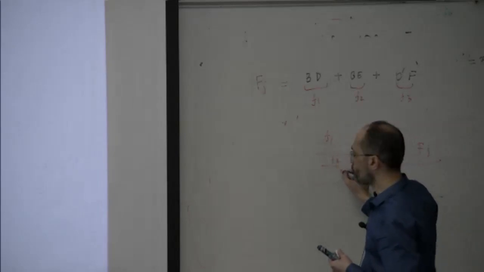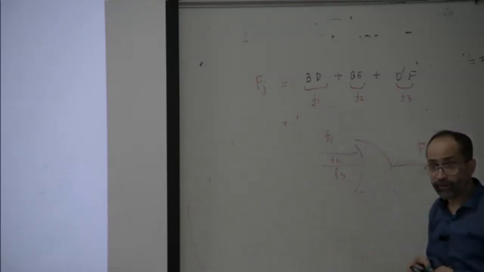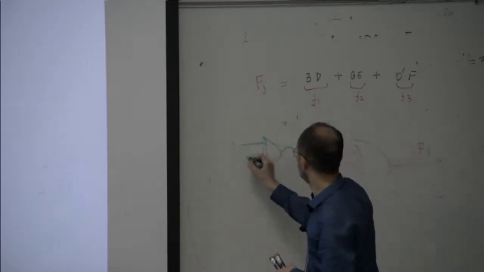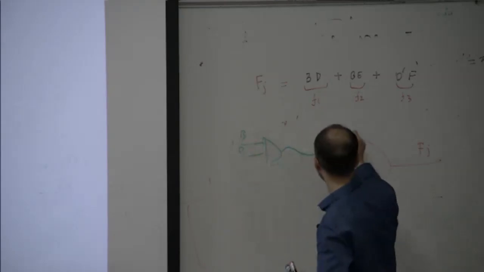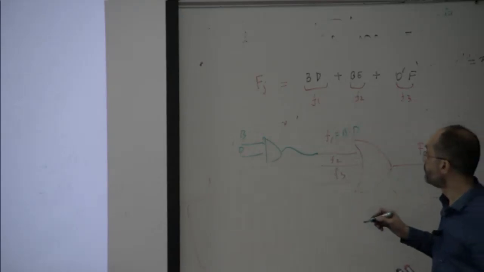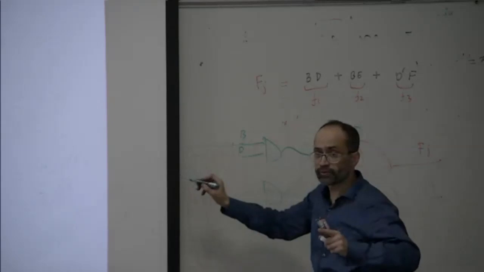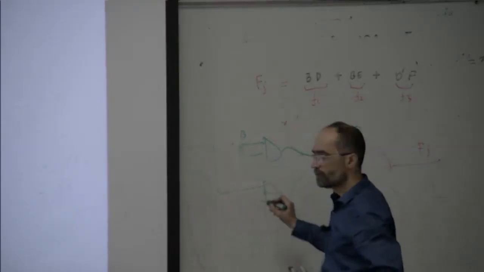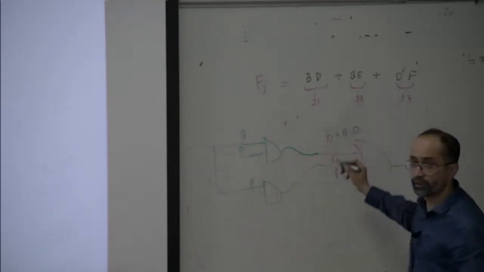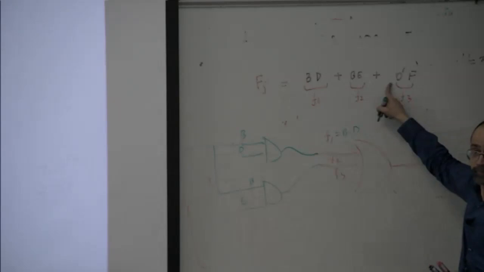F1, F2, and F3. F1 is B dot D, which is an AND. What is F2? B and then E, with the same concept of connecting B. What about F3?